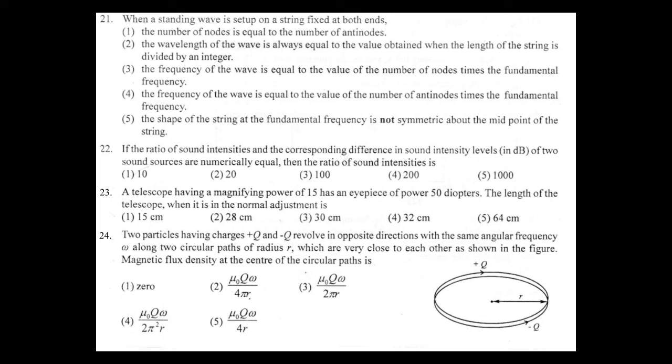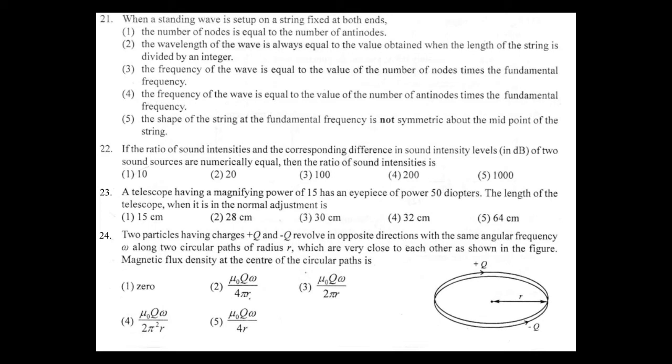So 2 is wrong. 3, the frequency of the wave is equal to the number of nodes times the fundamental frequency. Now in your diagram you have 2 nodes, but the fundamental frequency, we say it is f naught. It is not 2f naught, it is f naught.